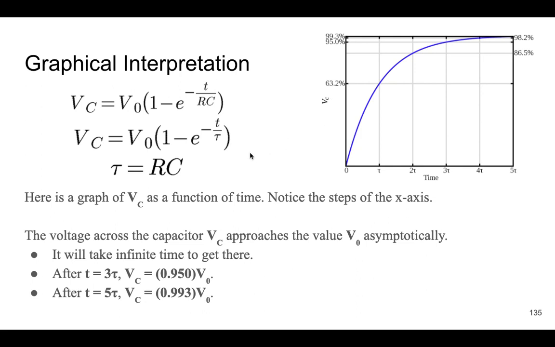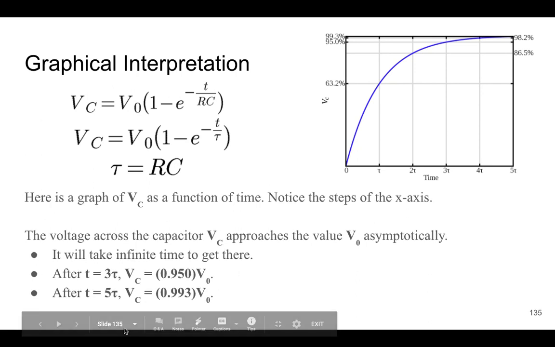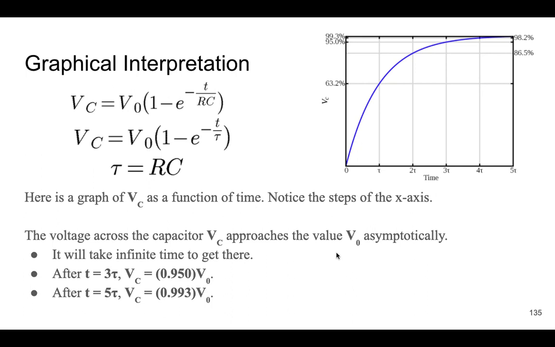It never actually gets there, but it gets really close really quick. So after only 5 time constants, you're 99.3% of the way there. And if you wait any more time constants than that, your value of V sub c is getting so close to V naught that you just say, yeah, it's fully charged. It's all the way there, because it's going to vary so little after a while.